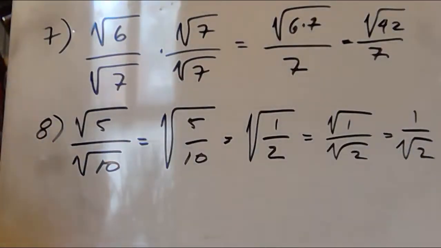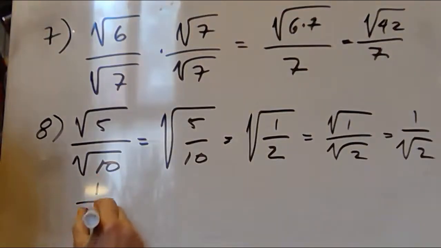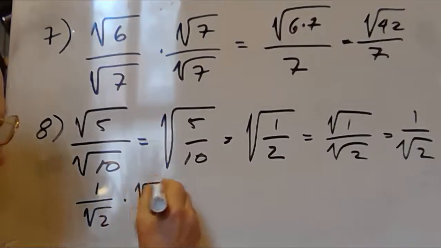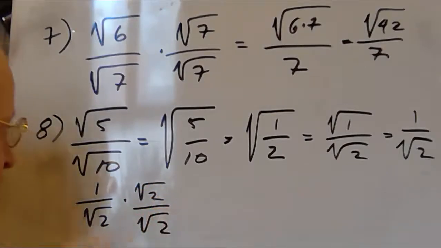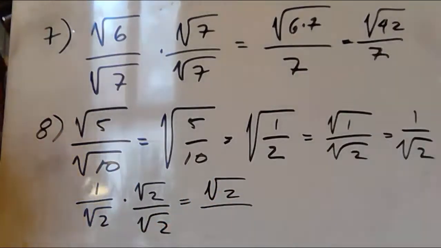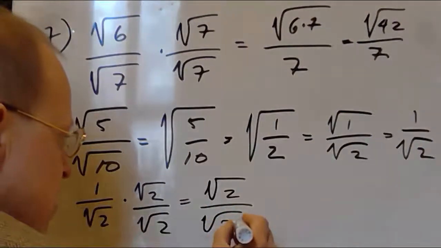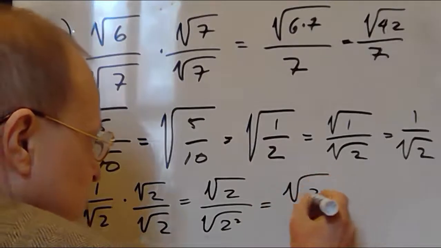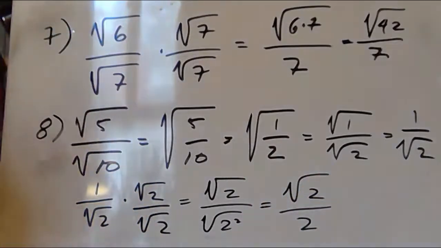I've tried everything I could, but it still gave me a square root in the denominator. So now I have no choice but to rationalize the denominator. So I have 1 over square root of 2 times square root of 2 over square root of 2. And that's equal to the square root of 2 on top, and as we discussed earlier, since we have 2 of the same, that will give me 2 on the bottom, so square root of 2 over 2.